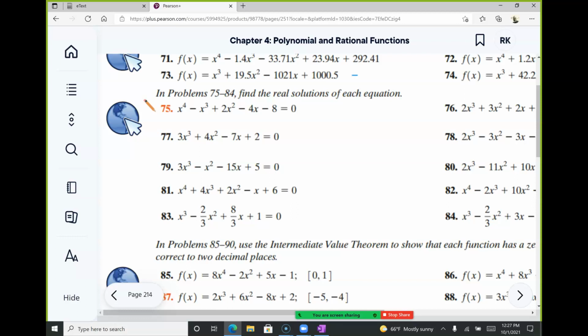So let's make sure we got this one written down. Take a picture or whatever you want to do, jot it down quickly. Number 81 we're doing here.